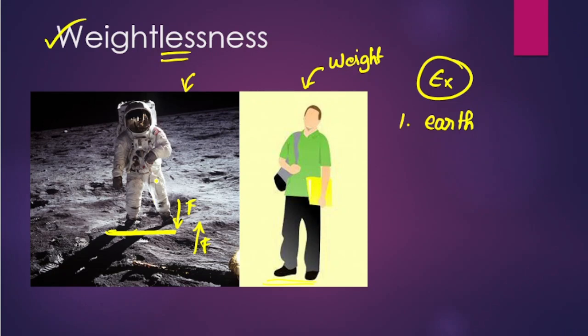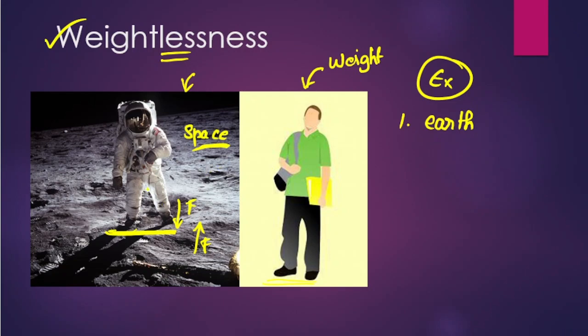But now the same astronaut is moving to the moon, moving to some space. Let us imagine he's moving to some spacious area. Then what will happen? When he is moving to space, his acceleration as well as the satellite's acceleration both will become the same.